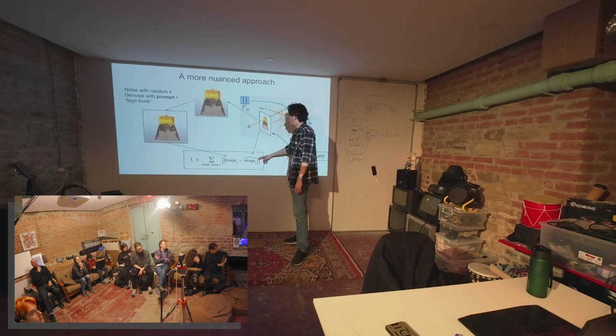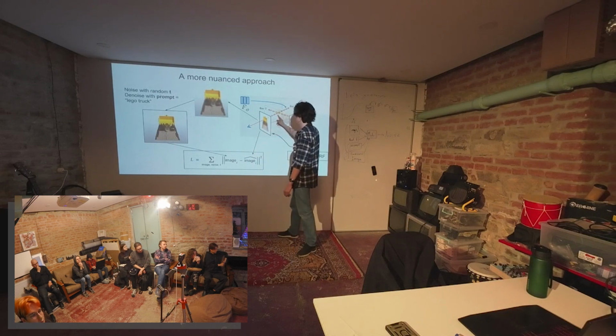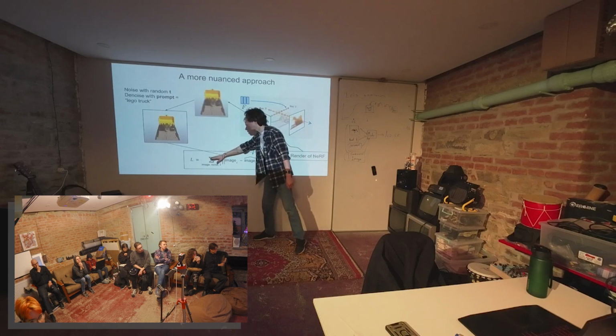What we do is we have this loss. The render uses a neural network, and because the render process is differentiable, we can use gradient descent.